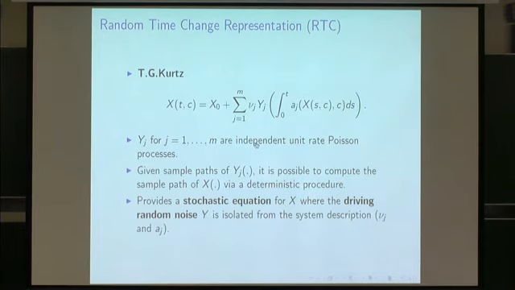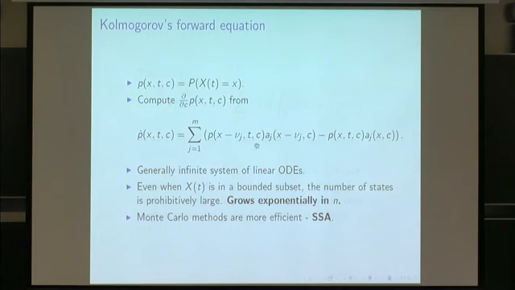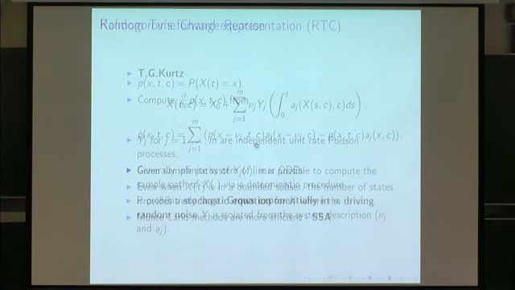This way, you can think of this as isolating the randomness from the parameters. So you specify a path for these y_j's, then you can compute the corresponding path for x purely by a deterministic procedure. So this is a stochastic equation for the same thing, instead of the master equation.